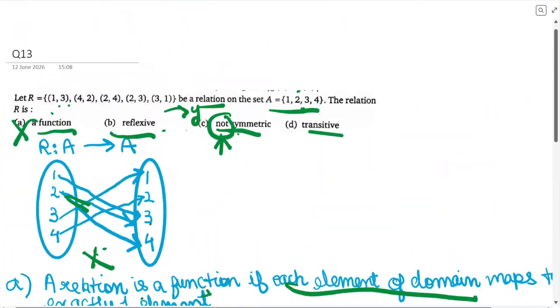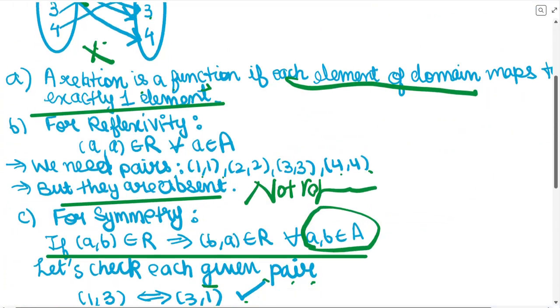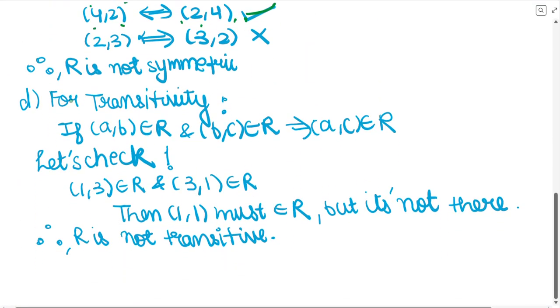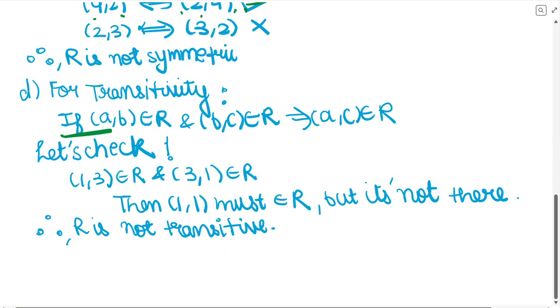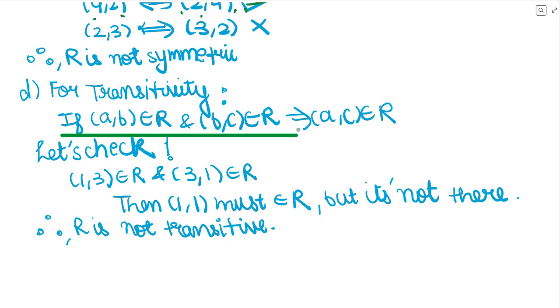All right. So the fourth option is asking to check for transitivity. For transitivity, the rule is that if (a, b) belongs to relation R and (b, c) also belongs to the same relation, then (a, c) must also belong to it. So let's take one pair and check if it is working or not.